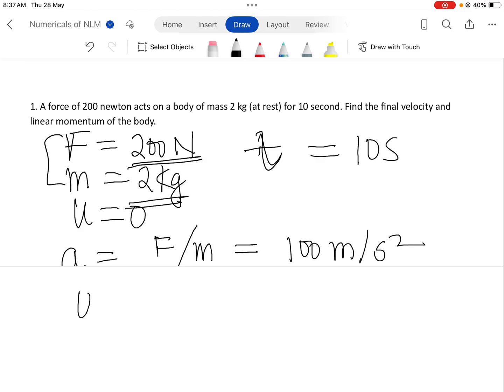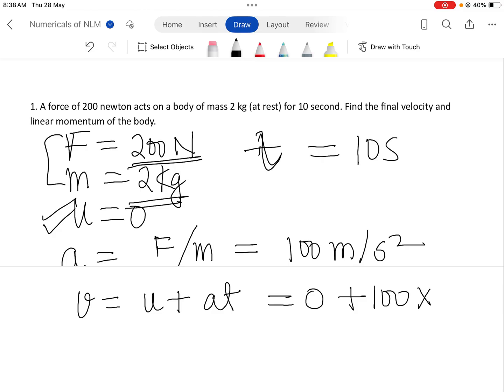So what will be the final velocity? V equals U plus AT. U is already given 0. 0 plus 100 into time, how much? 10 seconds. That is 1000 meter per second.